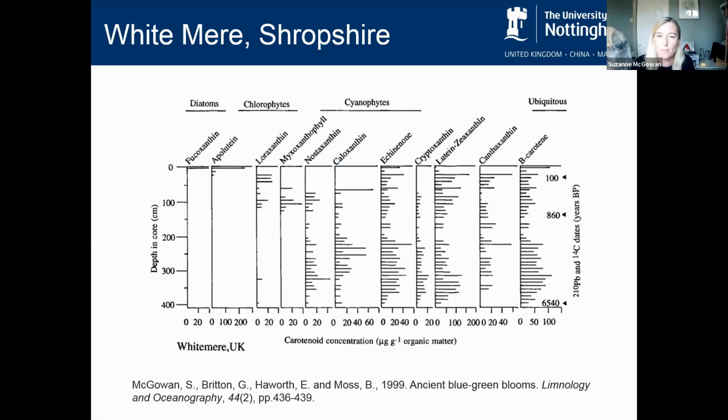This was quite an interesting development, because at that time there was this vilification of blue-green blooms as being solely an unnatural feature that was caused by eutrophication. Whereas we've got lakes here that clearly have been experiencing blue-green blooms for thousands and thousands of years. That's not to say that there isn't a problem with blue-green blooms, of course, but it's just to illustrate how we can interrogate those histories on a longer time scale.